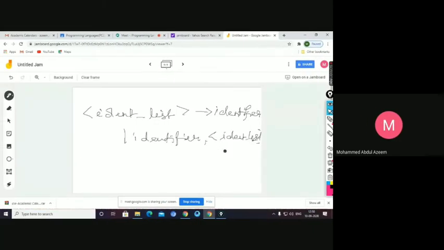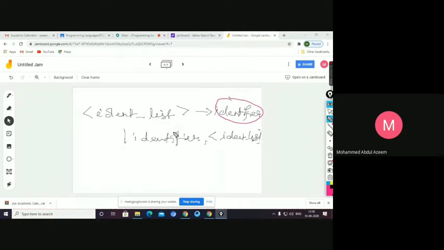So if you observe this, the identifier list is either a single token, like this identifier, or an identifier followed by a comma followed by another identifier list.